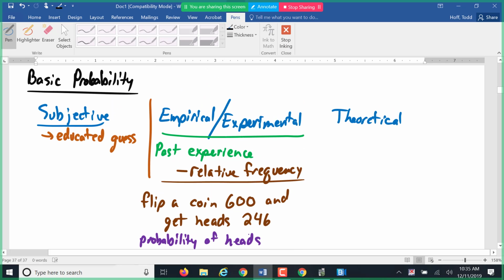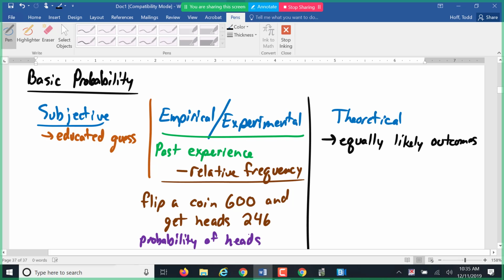The theoretical or computational probability relies on something called equally likely outcomes.